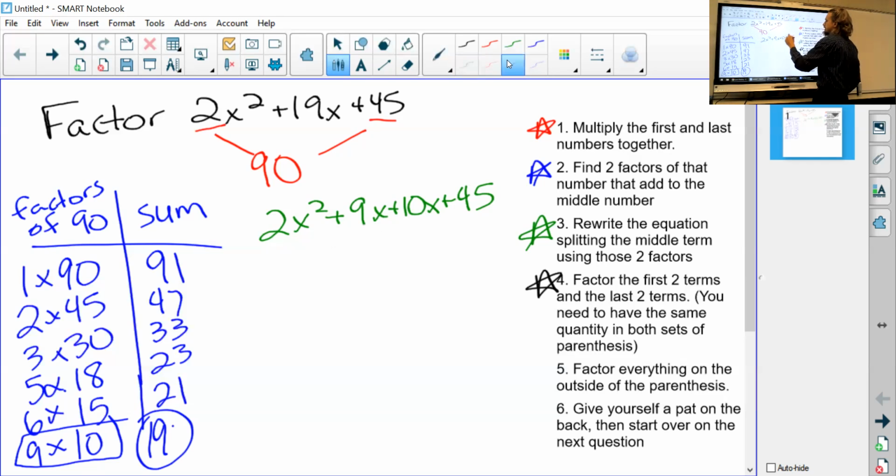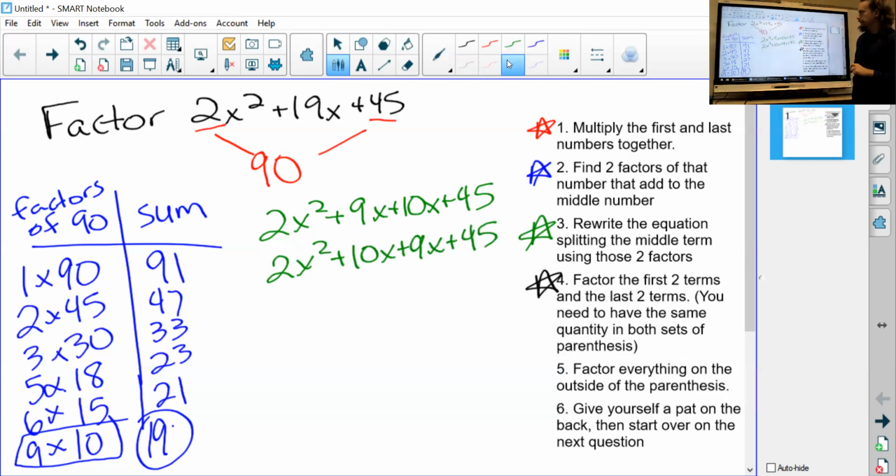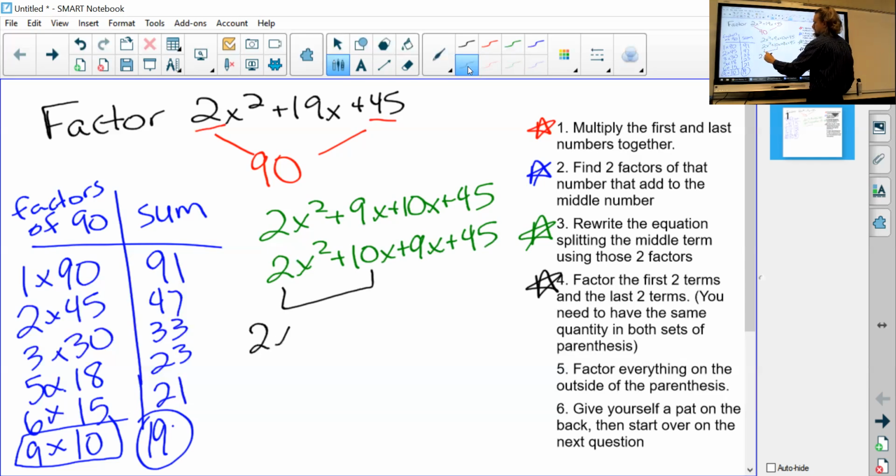I'm going to rewrite it. So I'm going to put 2x squared plus 10x plus 9x plus 45. Okay, and that way, now I can factor out, both of these have 2x, so I can factor that out. What's left over? If I take out 2x, I just have 1x on the left. 10x divided by 2x is just 5.